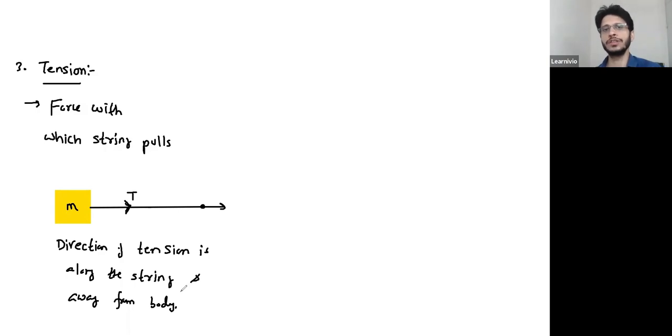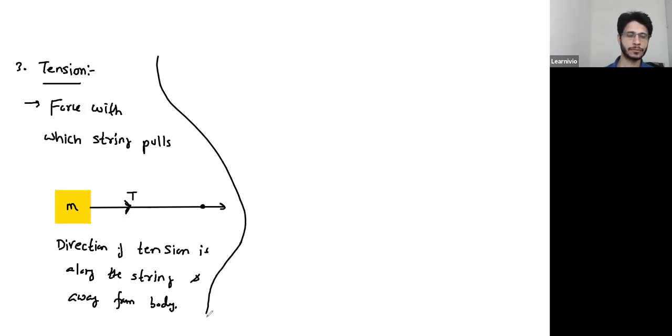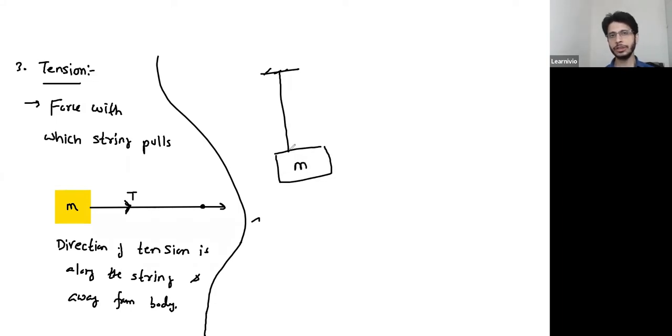So tension always acts along the string and away from the body. This is tension. So if I put a body this way, this is a string, and this string balances a weight, mass m. The tension in this string will act away from the body. Away from the body means upwards. So tension is simply the force through which a string pulls the body.